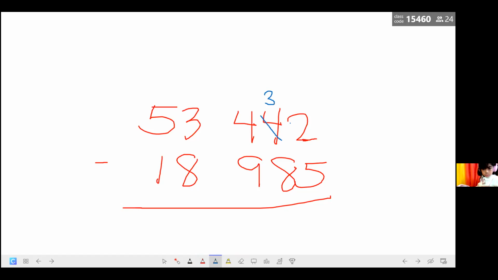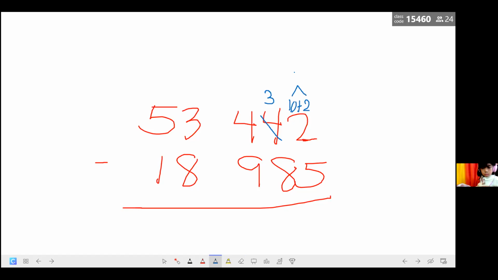What happens now to the extra 10? Where do we put it? In the ones place. Very good. The 1 ten becomes 10 ones plus the 2 existing ones. It now becomes 12 ones.